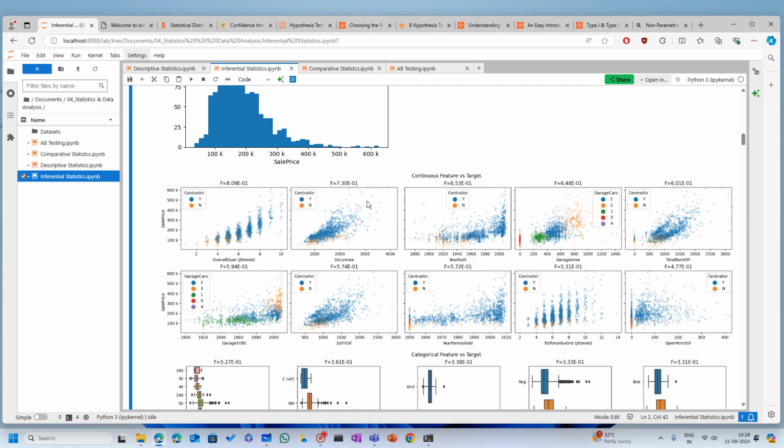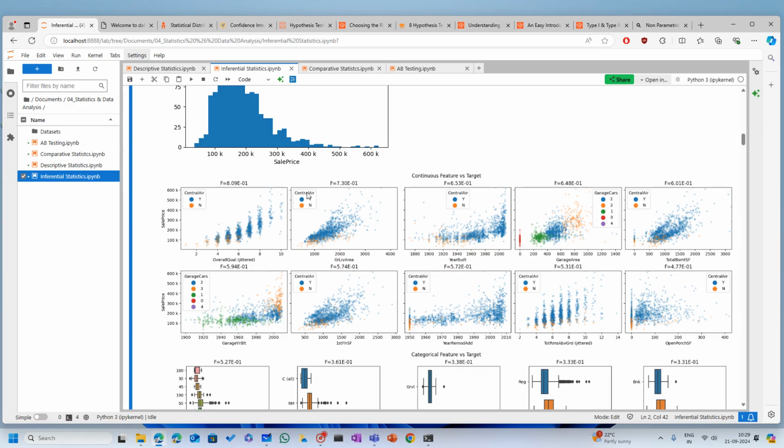Second thing is, if you take into account the splitting on account of central air, higher the air conditioning, the higher the prices. Lower red values have fetched lesser price, even if the ground living area was high. So 2000 or 2500 square feet has fetched lesser price without central air conditioning.